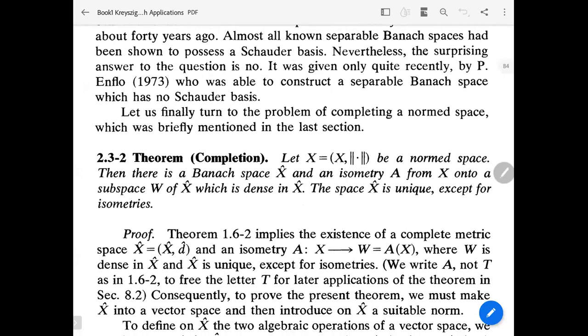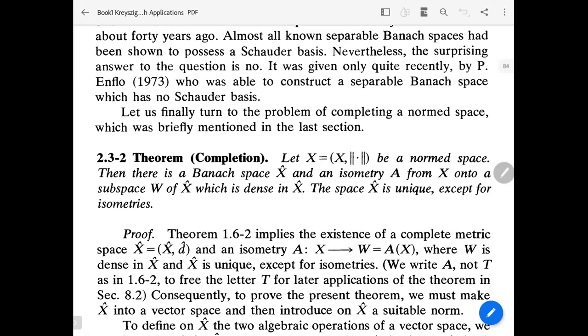So in the section on metric spaces, we discussed the completion. We discussed that every metric space has a completion.